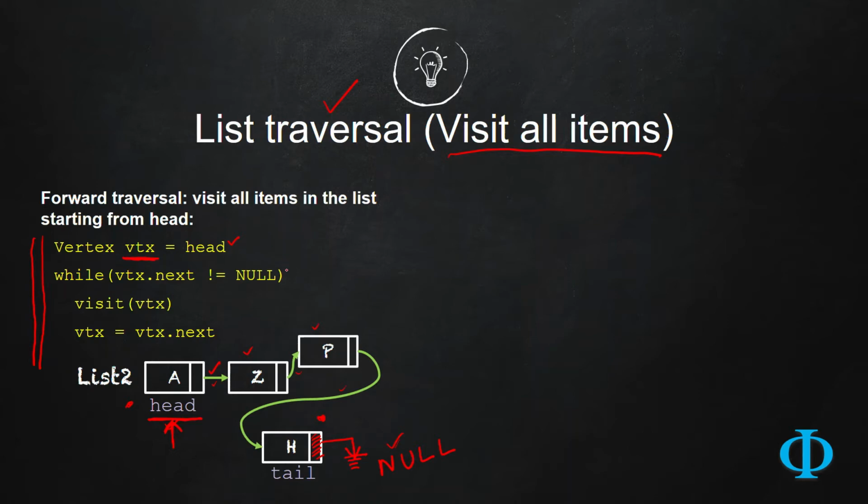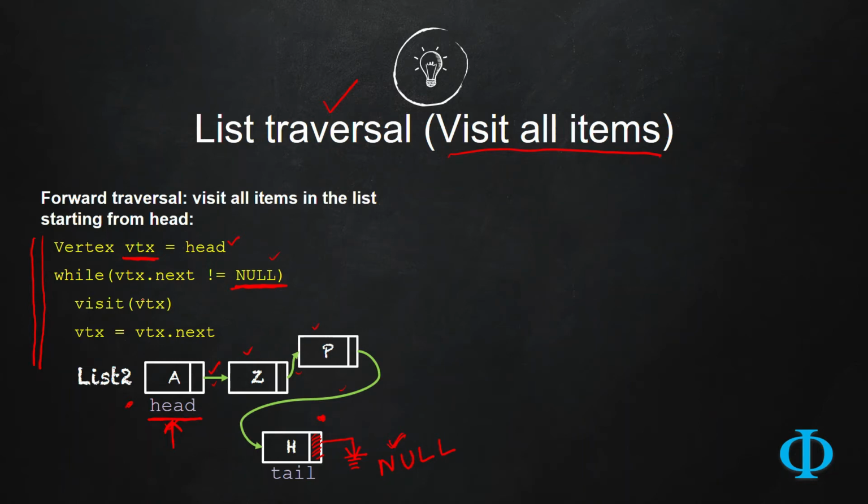Next I have started a loop where I have checked the condition: until the next link points to null. That means whenever it hits null, the loop will break, and until it is hitting null, it will keep on going and keep on iterating.